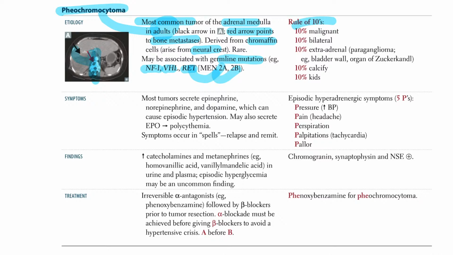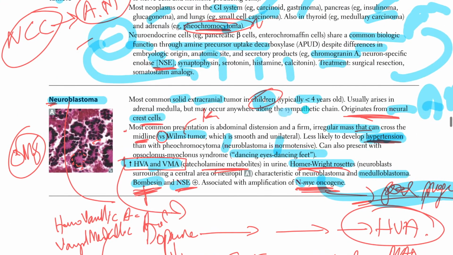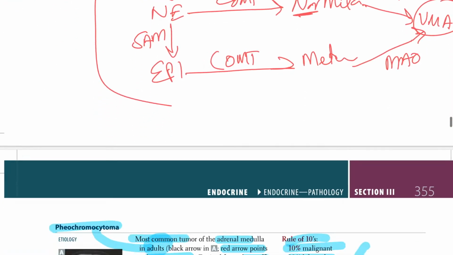Rule of 10 is also very high yield. 10% of these are malignant, 10% are bilateral, 10% are extra-adrenal, meaning, because you remember we talked about the previous one as well, that it can even run along the sympathetic chain. Okay, the same thing here.